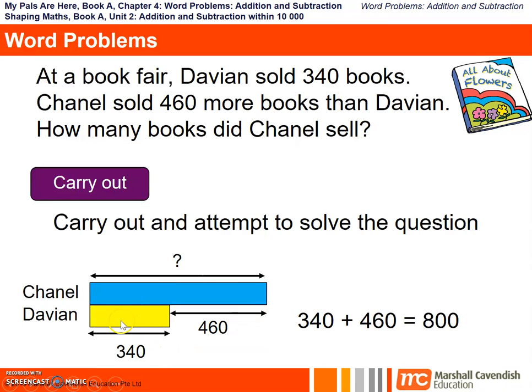As you can see from the bar, this part, which is represented in yellow, will cover up this part in blue. So if this part here up to here is 340 and this part here is 460, when you add the two parts together, you will get the total amount of books that Chanel sold, which is 800.